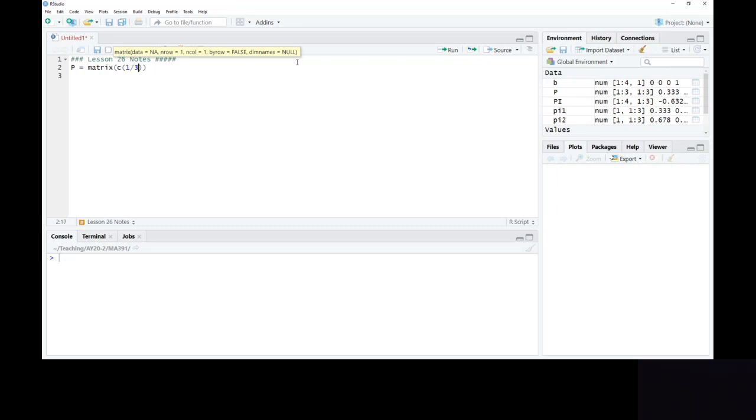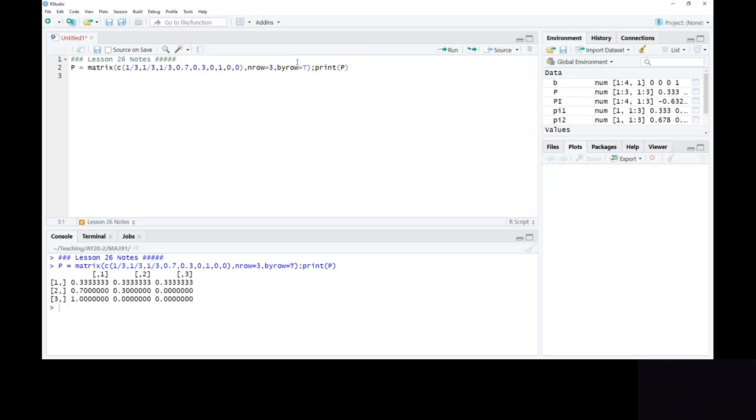And then it's just 1/3, 1/3, 1/3, and 0.7, 0.3, 0, and 1, 0, 0. And then you've got to remember to tell it that the number of rows is equal to 3 and byrow is equal to TRUE. And then we'll put a semicolon here and just tell it to print just to make sure that it looks exactly right. And it does. So we've got the 1/3 across the first row.